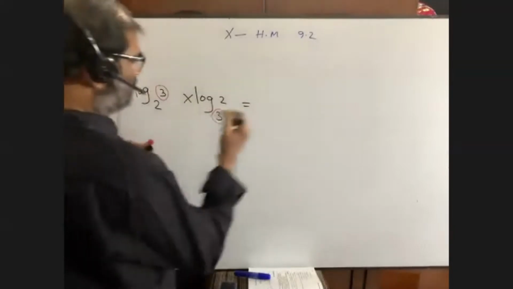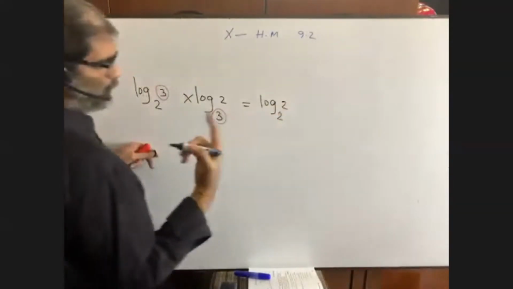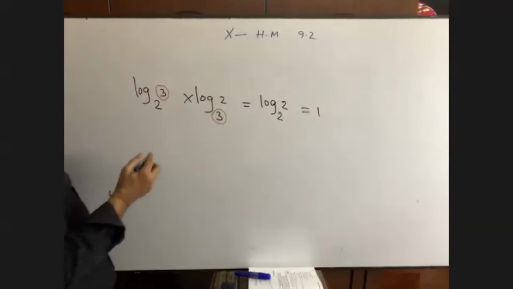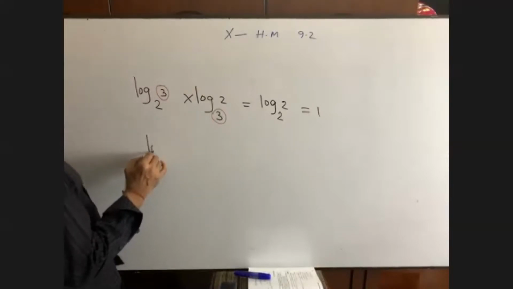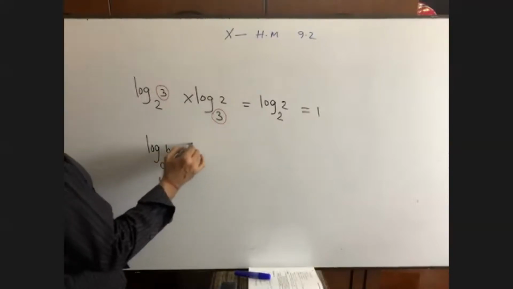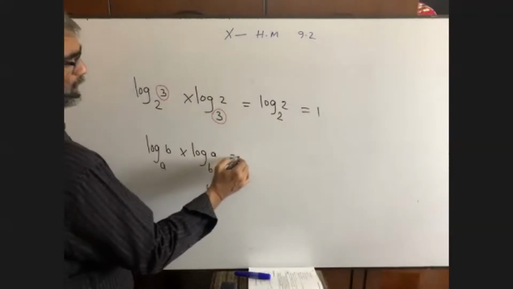Okay, that is log 2 base 2, and we know log 2 base 2 equals to 1. So from here, we can come to know a formula. You see, log a base b into log b base a is equal to 1. This is the formula.